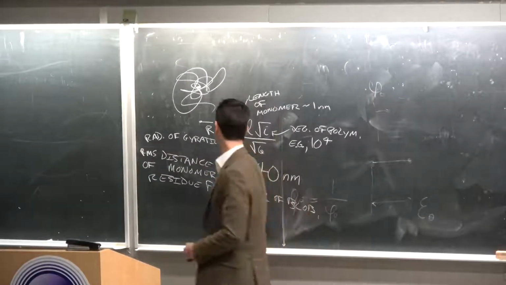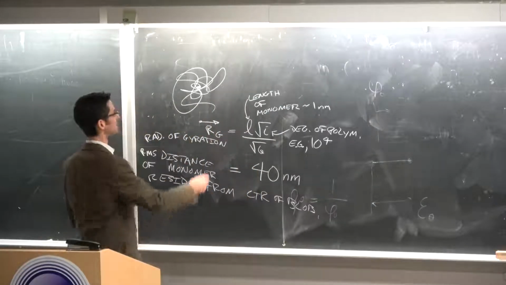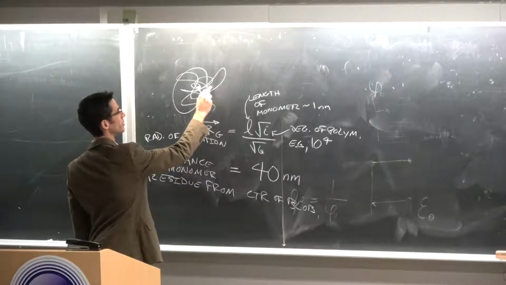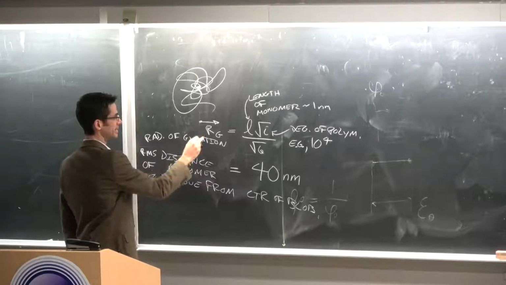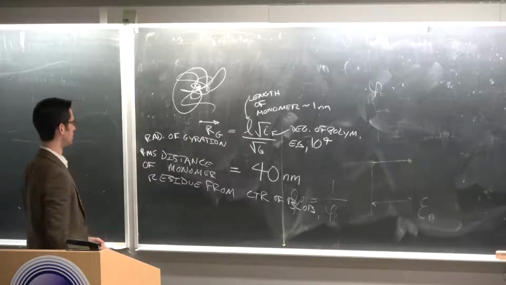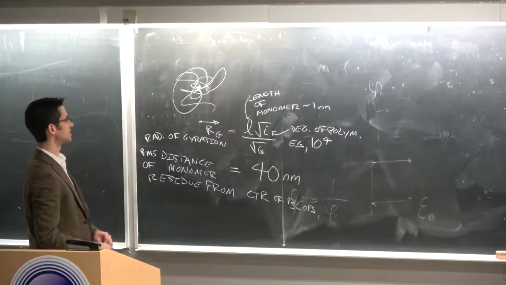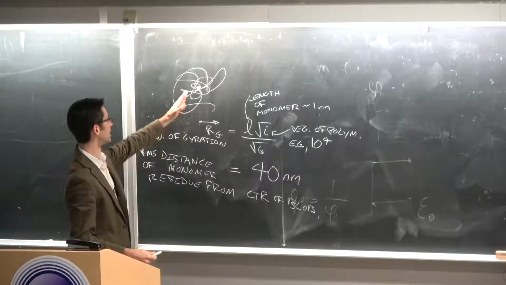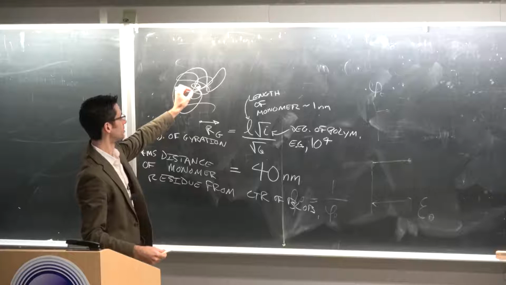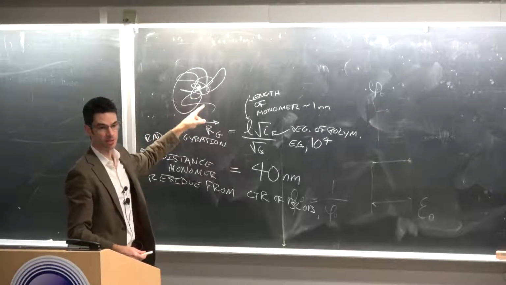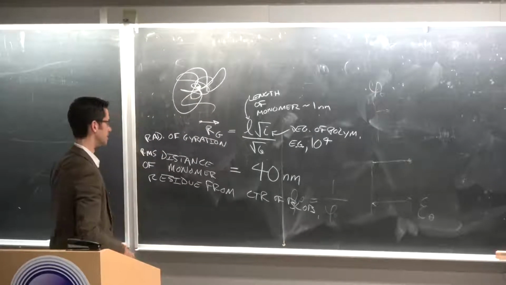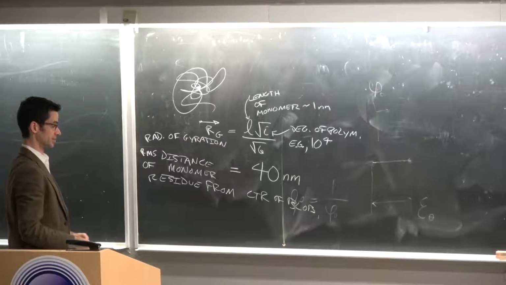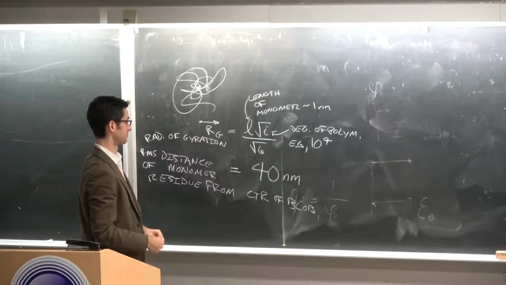The radius of this blob, from here to maybe somewhere around here, is the radius of gyration, RG, which is essentially the root mean squared distance of one of the monomer residues in the polymer chain to the polymer chain's center of mass.